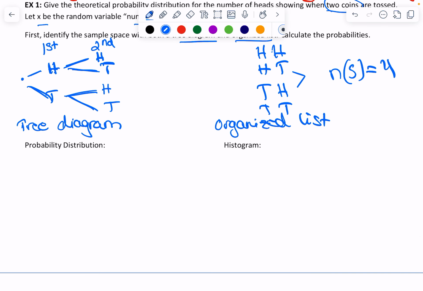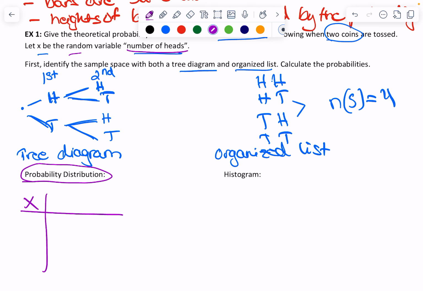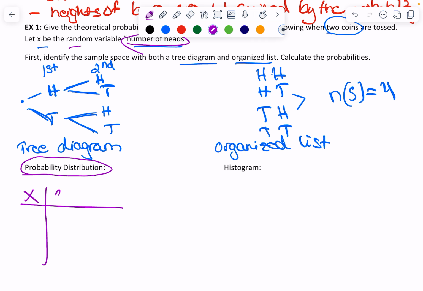Okay, so now let's look at a probability distribution. So what we're going to do with the probability distribution is we're going to make a table. So we've got our x, which is x be the random variable number of heads. So our options are 0, 1, and 2. Now, the probability for 0 heads, it's this one right here.